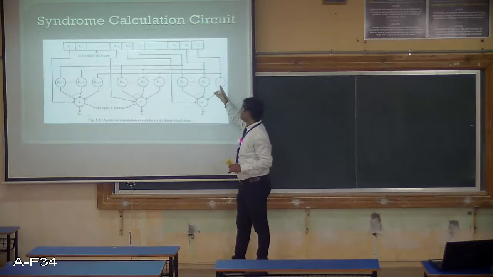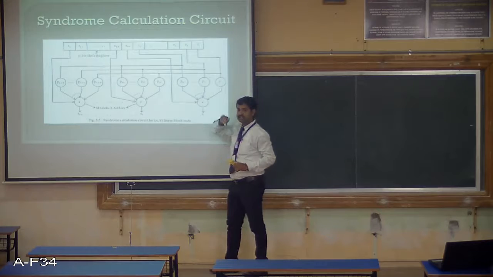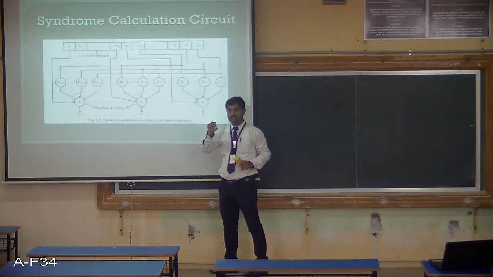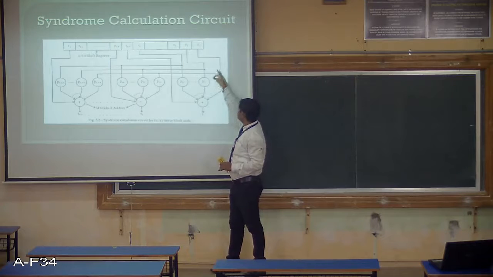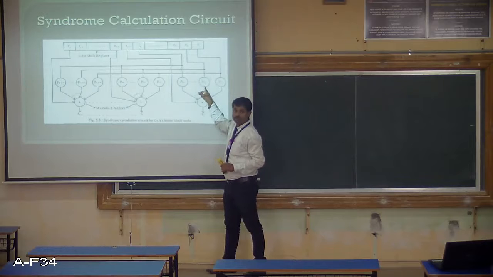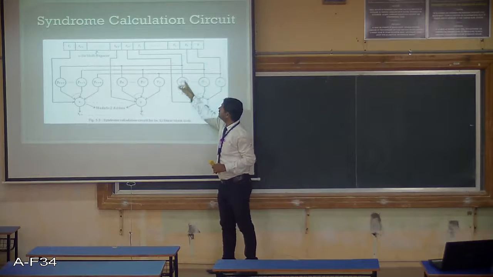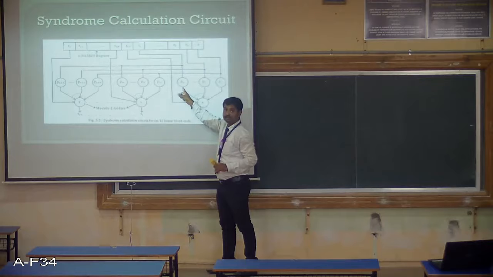Here, R1 gets multiplied with P11. I am just trying to describe S1. In the previous equation, S1 is a combination of so many terms: R1 P11 plus R2 P21, second row. Similarly, Rk Pk1.